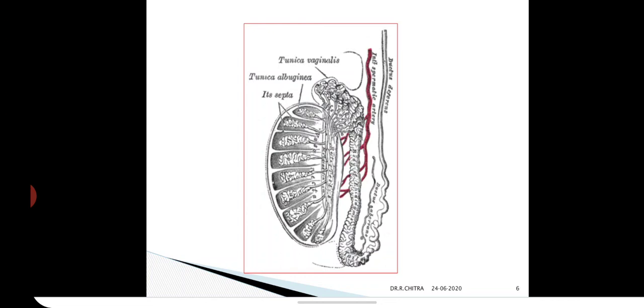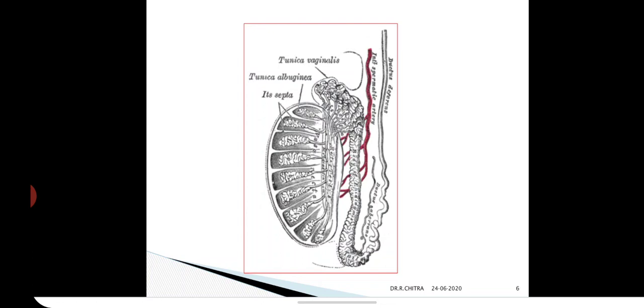You can see in the image, which is on the left side is the front part, which is on the right side is the posterior part. So all the straight parts of the seminiferous tubules join in the mediastinum to form a plexiform network of tubules that is called the rete testis.